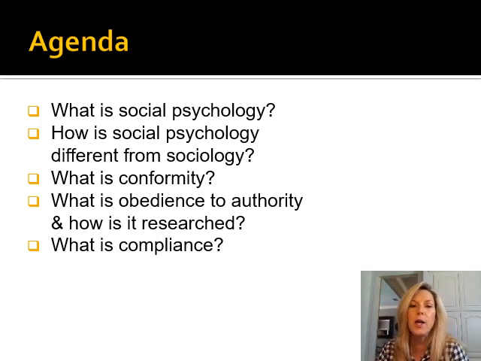And then on another video lecture, you need to make sure you're familiar with obedience to authority and what's some of the research out there about that, and then compliance. Just so you know, compliance and obedience to authority are all considered types of conformity. So think of conformity as a huge umbrella term.